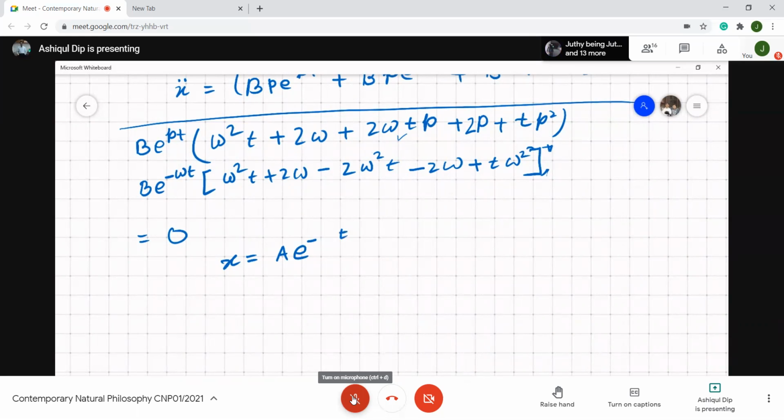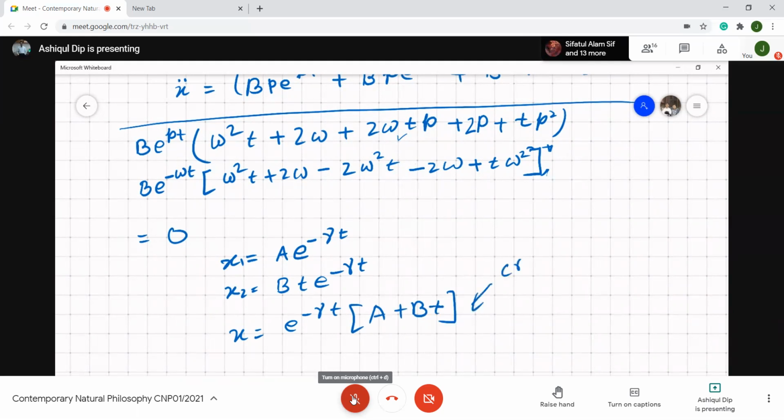And another is x2 equals some b t e to the power negative gamma t. So if you combine, you get your general solution as e to the power negative gamma t times a plus bt. So this is the case for a critically damped system.